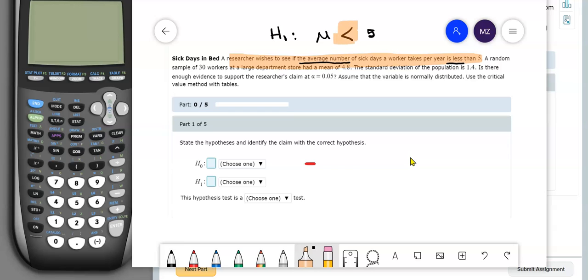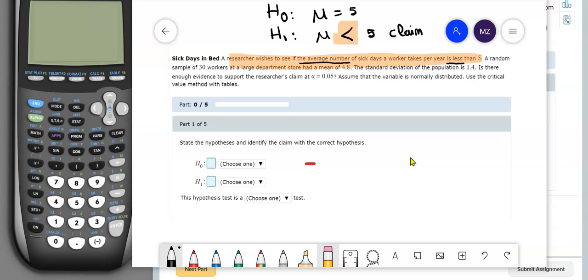You see, it is strictly less. They didn't say less or equal, they said less. The H0 always has an equal sign on it, and according to your hypothesis testing book, H0 would be the mean equals 5. So that's the H0 that you're using. Because I have this in here, this would be my claim. I hope this is clear.